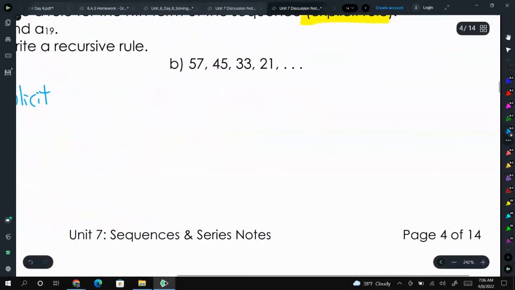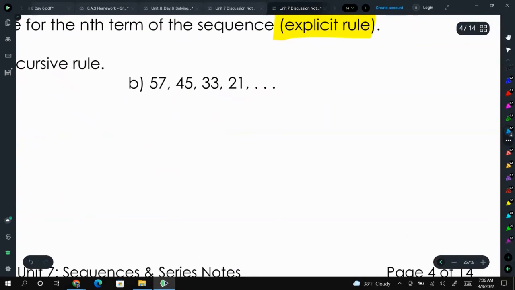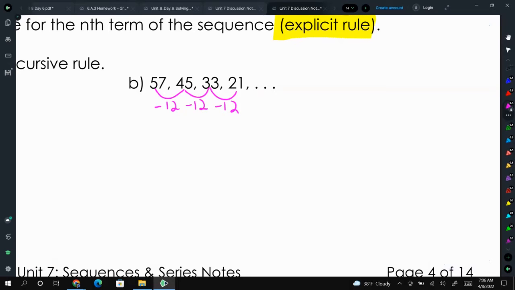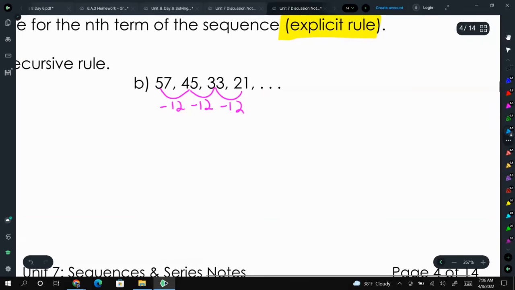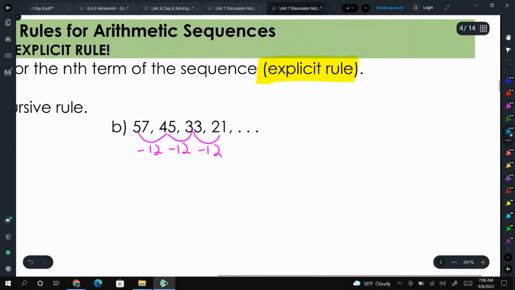All right, now in letter B, 57 minus 12 is 45, minus 12 is 33. So our common difference is negative 12. So same idea, we have a sub n equals d times n plus b.